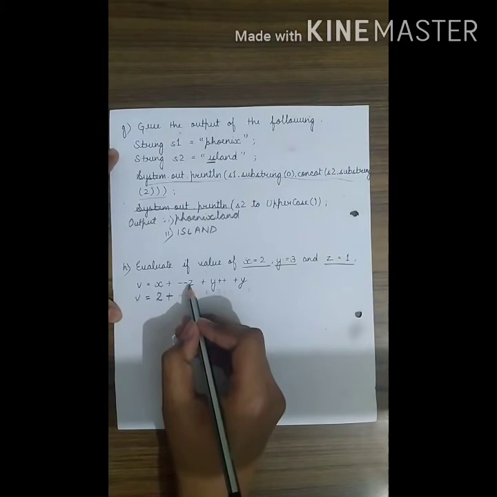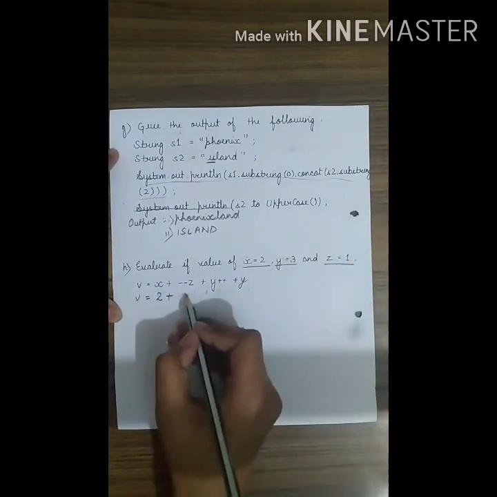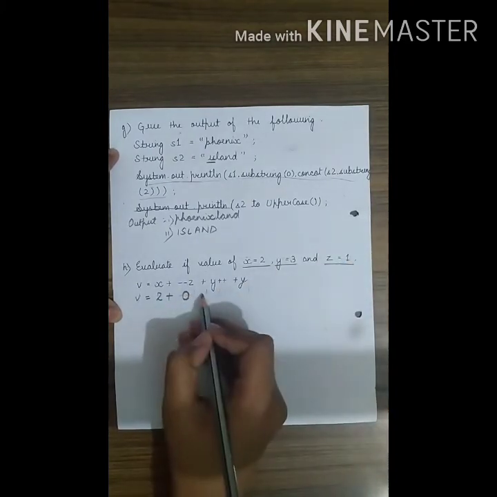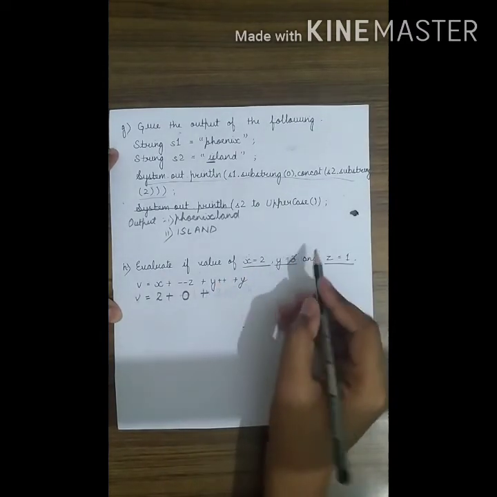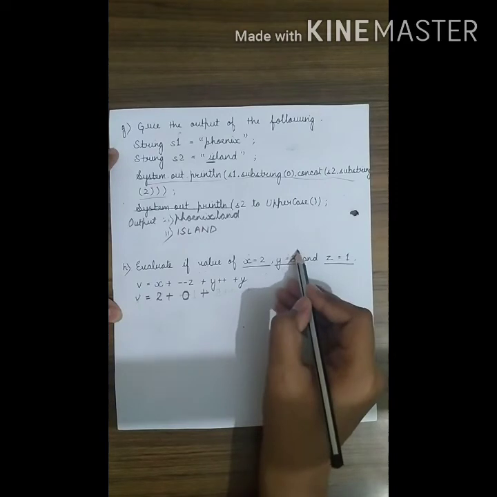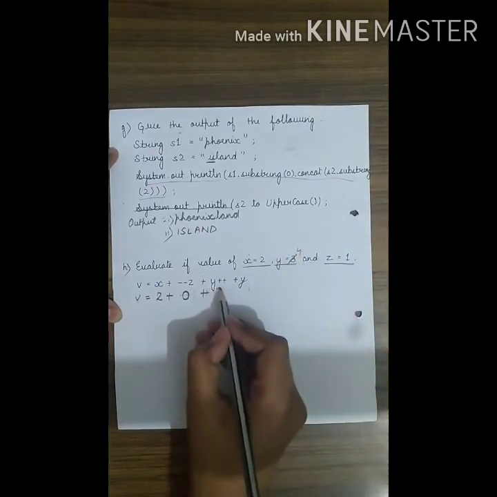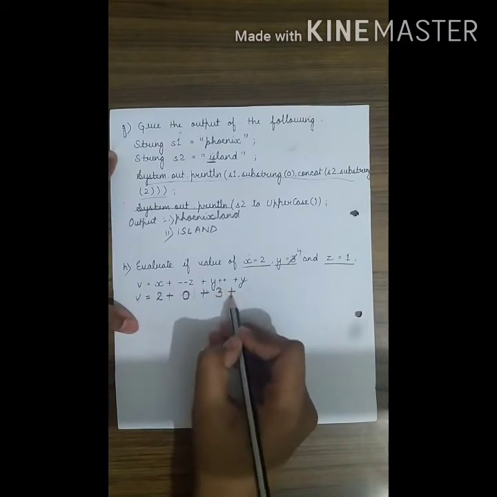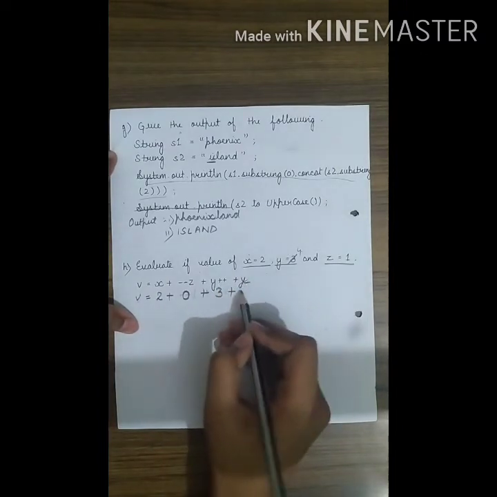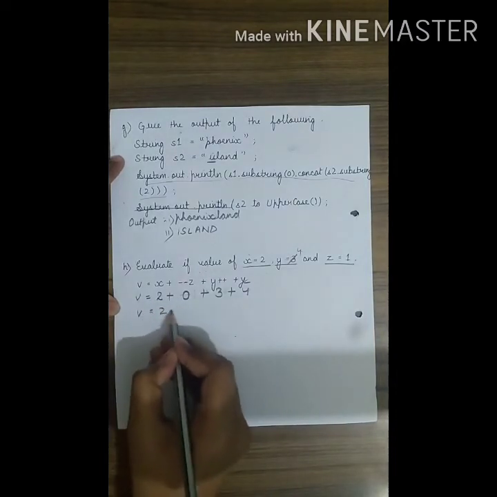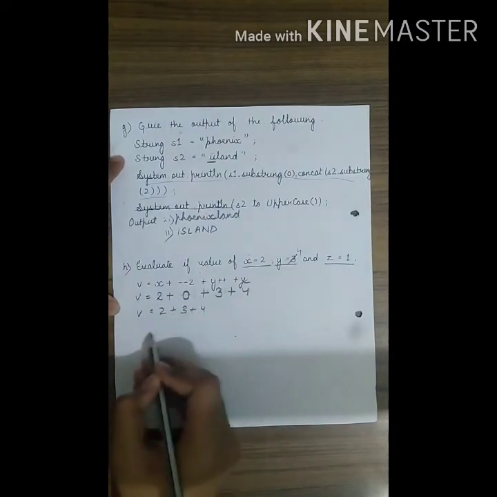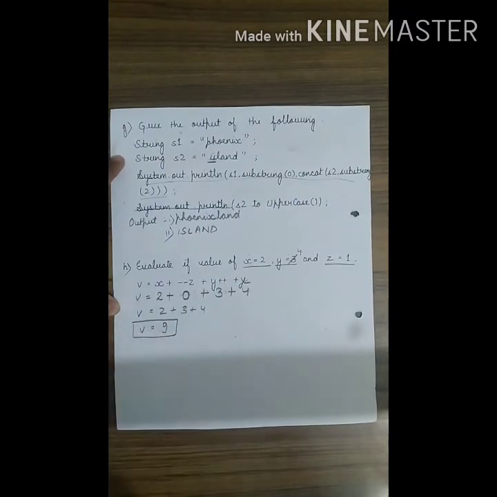We will subtract 1 from z, so 1 minus 1 is equal to 0, so we will write 0 here, plus y++. y's value will be increased by 1, so y's value will be 4, but 3 will be used as there is postfix notation here, and then y's value is 4, so we will write 4 in the place of y. V is equal to 2 plus 3 plus 4. V is equal to 9. So the answer for this question is 9.